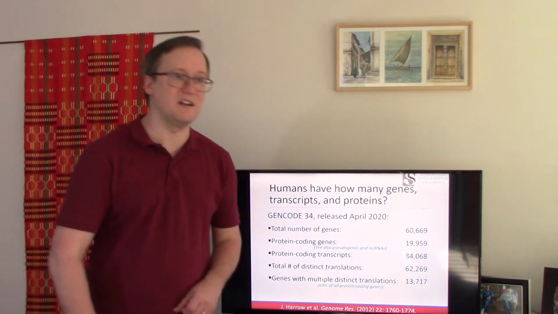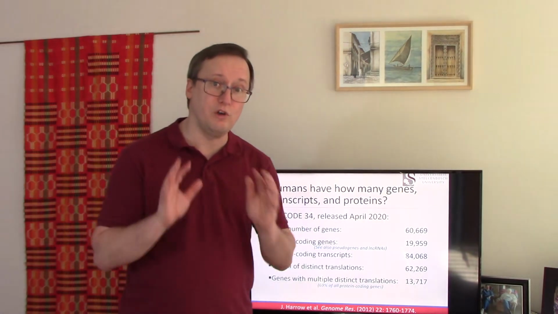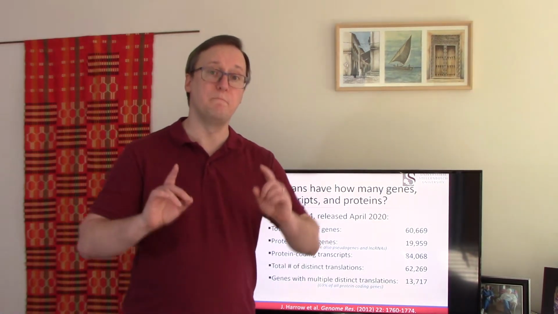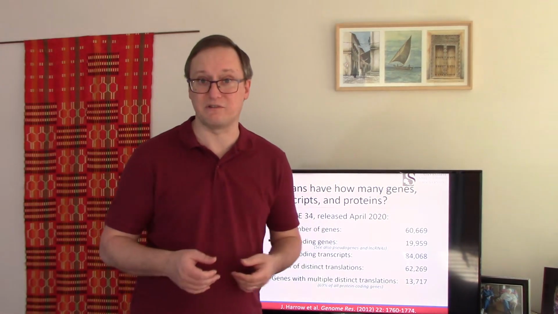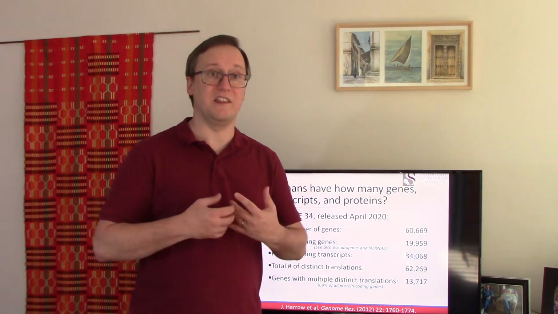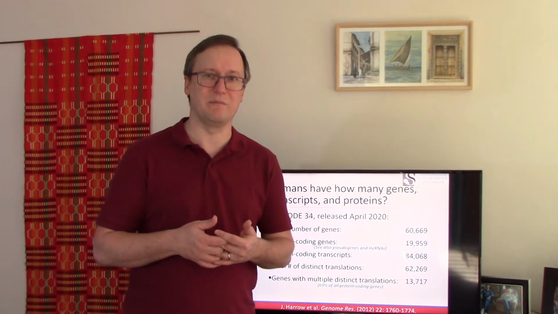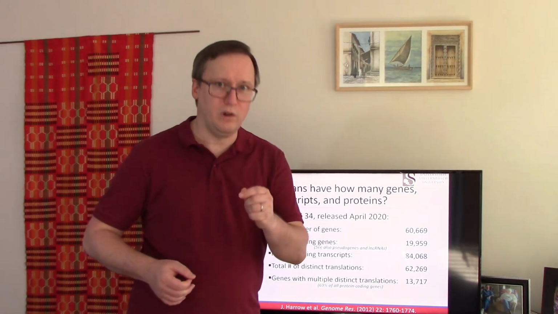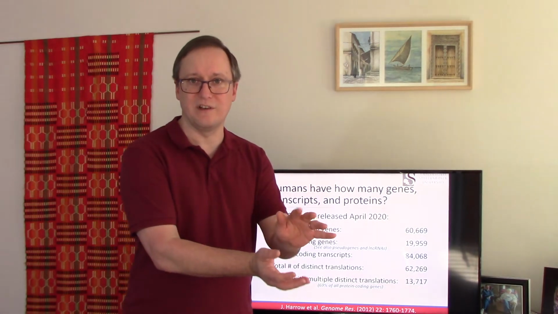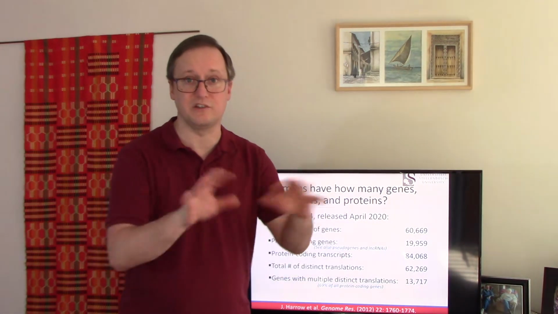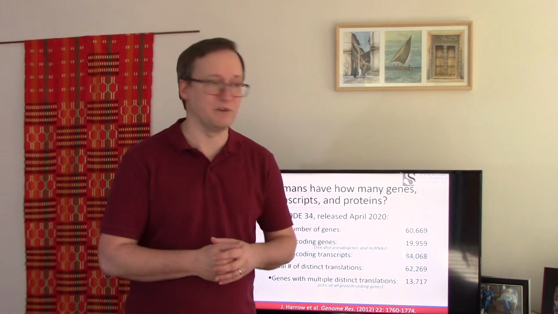Another way of saying it is that 69% of all human genes can produce multiple protein sequences through the process of different transcription. So that's a pretty shocking number if you think about it. It is normal for a human gene to have multiple translations available because of exon shuffling that produces these different transcripts.